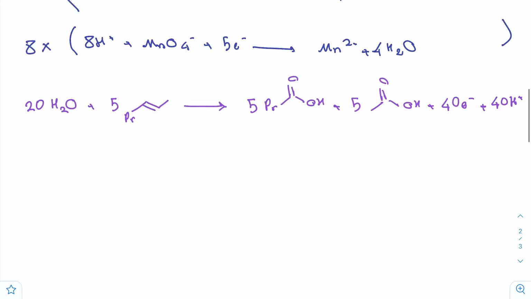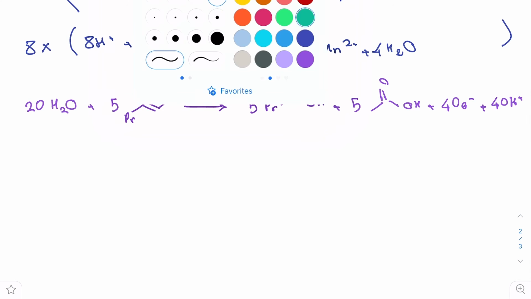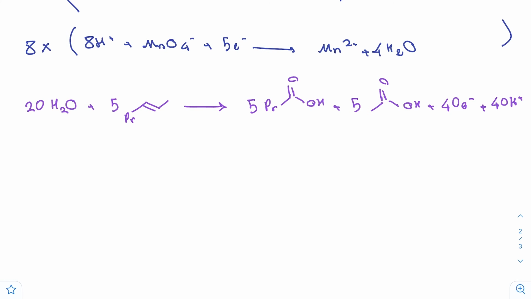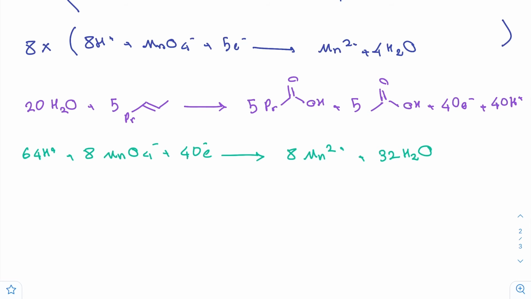For the second row, and I'm going to use green for that, there is going to be 64 H pluses. There is going to be 8 MnO4 minuses. There is going to be 40 electrons. There is going to be 8 Mn2 pluses, and there is going to be 32 H2Os.